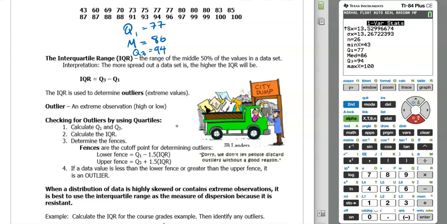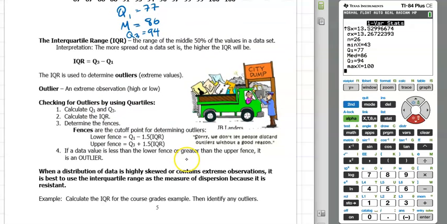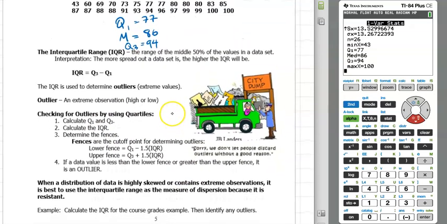Any number lower than the lower fence is considered an outlier. We have the same situation for the upper fence. We take the third quartile and add 1.5 times the interquartile range, so that any data values greater than the upper fence are considered outliers.